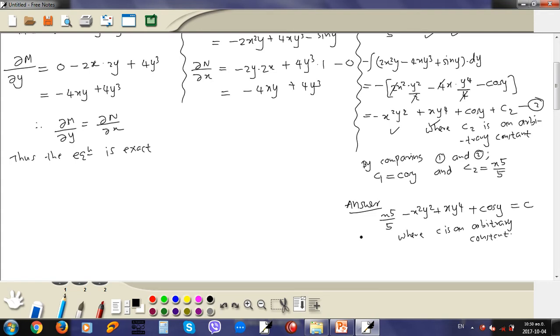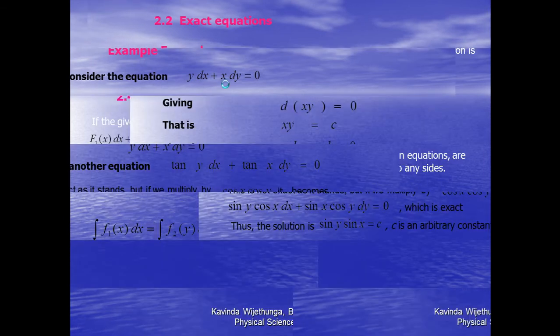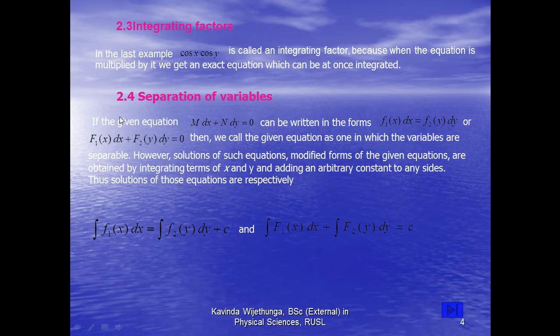Now we will move to the other part, that is separation of variables. If the given equation M dx plus N dy equals 0 can be written in the form f1 of x dx equals f2 of y dy, or capital F1 of x dx plus capital F2 of y dy equals 0, then we call the given equations ones in which the variables are separable.